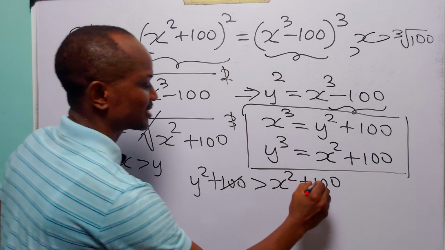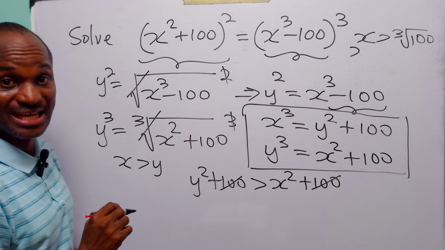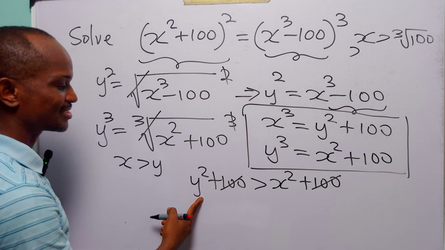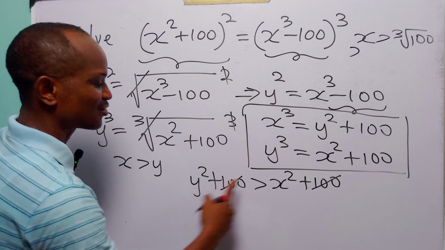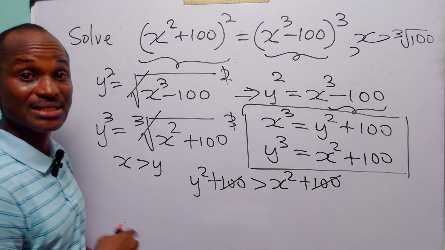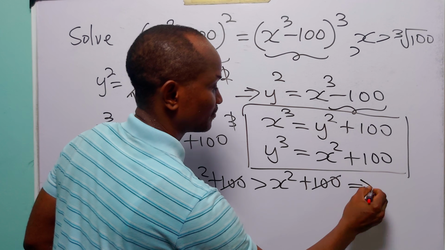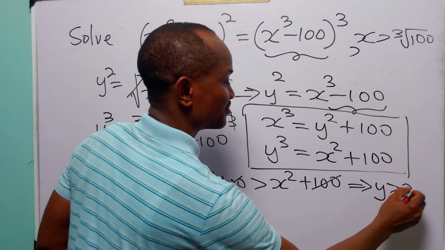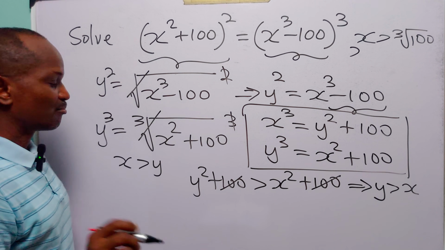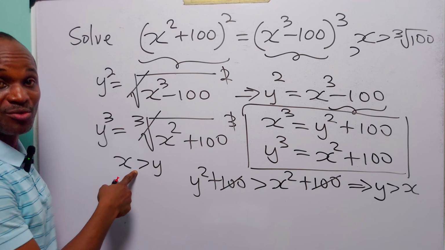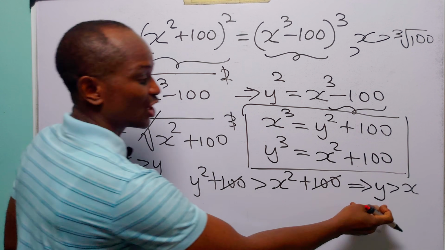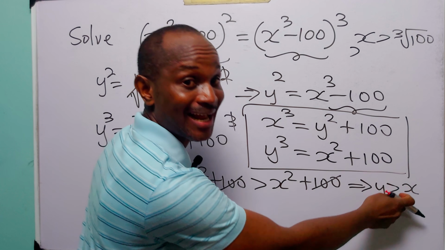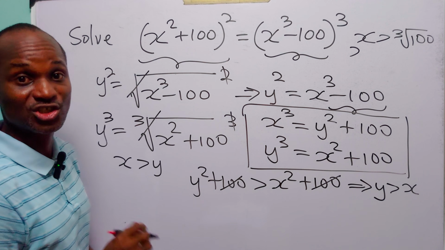Now, when you subtract 100 from both sides of this inequality, we have that y squared must be greater than x squared. And when you take the square root of both sides of this inequality, we have that y must be greater than x. But we started with the assumption that x is greater than y, and this led us to the conclusion that y is greater than x, which is a contradiction.